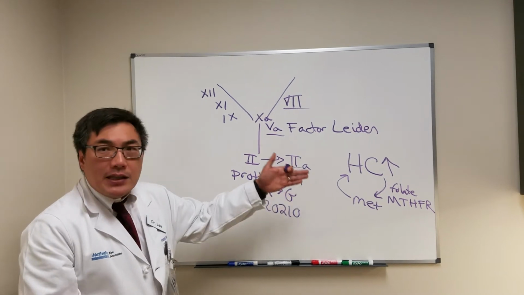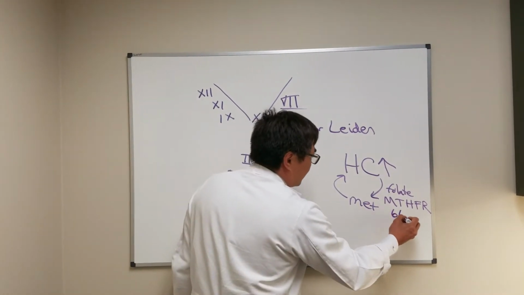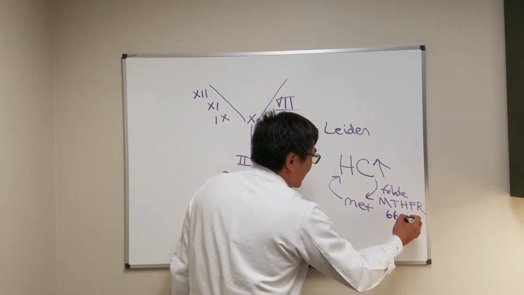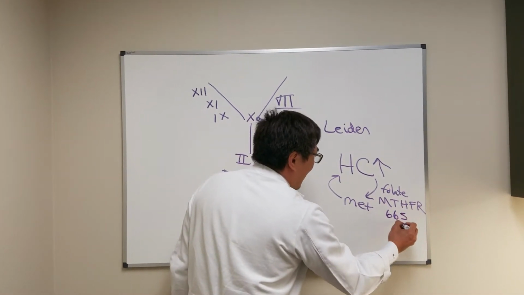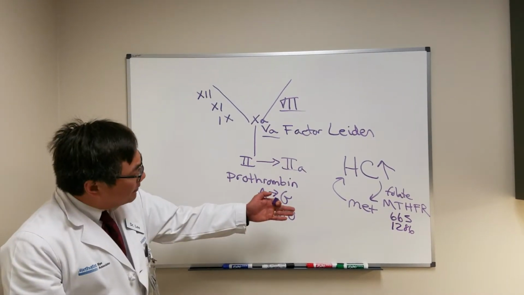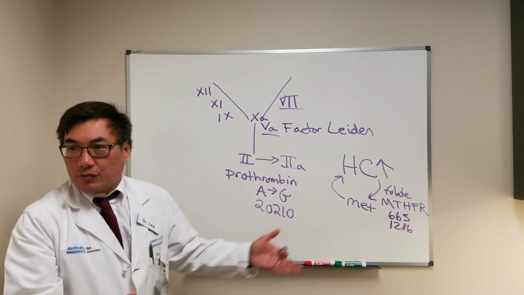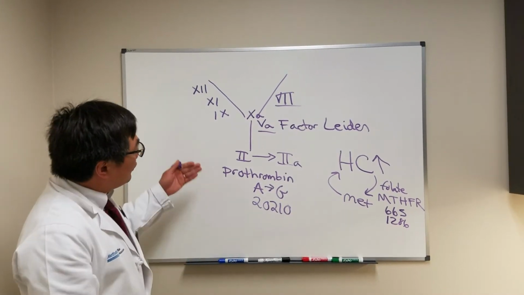Genetic mutations in the methylene tetrahydrofolate reductase at positions 677 and 1286 can lead to increases in homocysteine that is a graded risk factor for thrombosis. So those are the mutations.